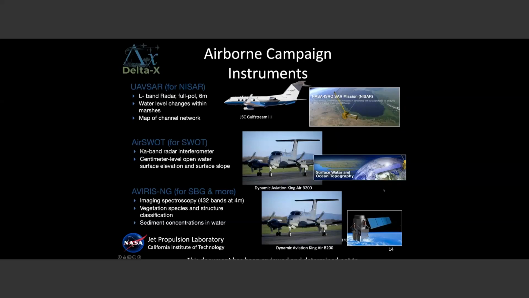With the spaceborne counterparts, we're talking about repeat times of 12 days for NISAR, which will be launched in January 2024, and 21 days for SWOT, which will be launched this year in November. Then the SBG, I am not sure when it will be launched, but it should be hopefully by 2028, 2030.